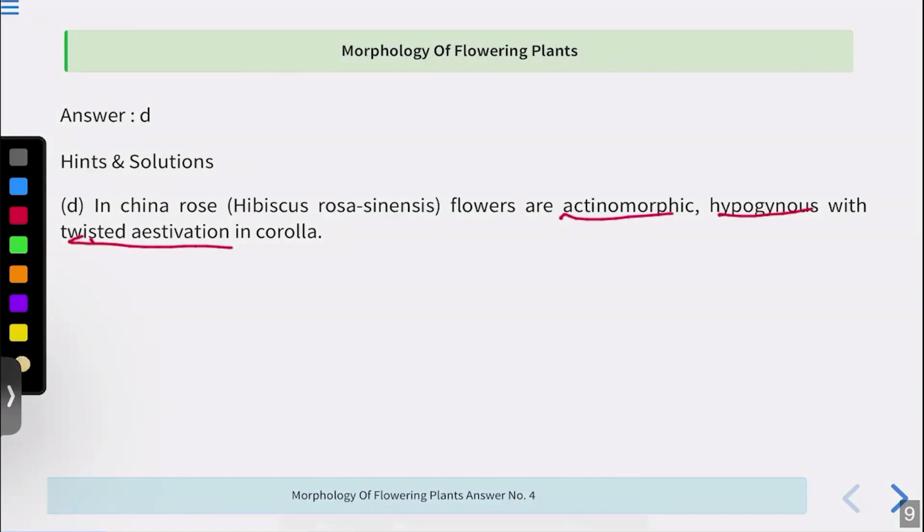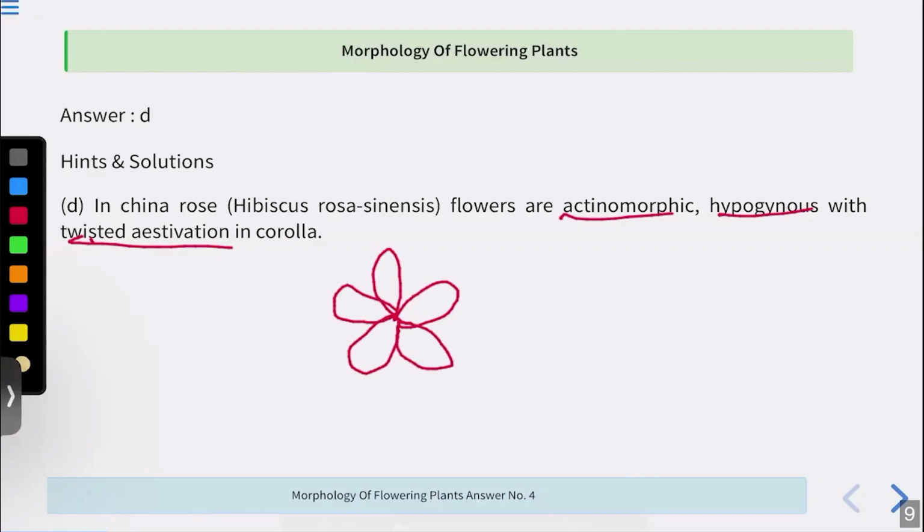What does it mean? Basically, actinomorphic means, suppose this is the flower. I will draw the hibiscus flower only for your convenience. It has 5 petals: 1, 2, 3, 4, 5.